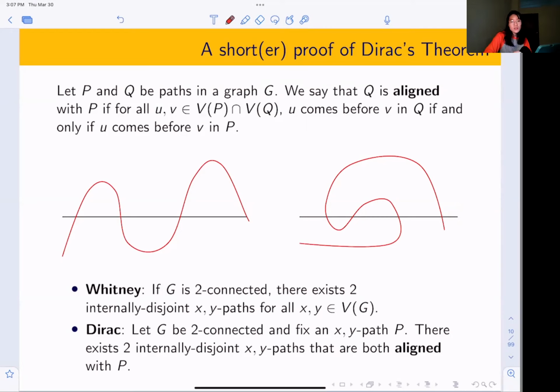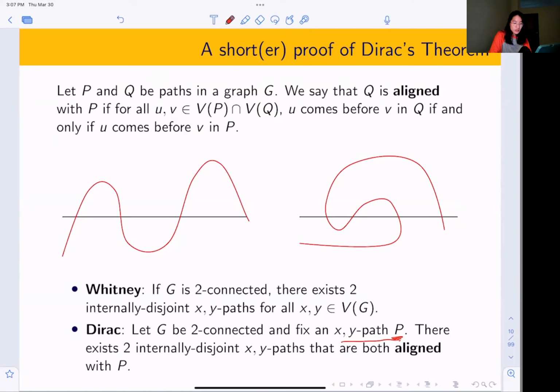So Dirac proved a strengthening of this with almost the same proof. So again, we have a 2-connected graph, but now we fix some path P. So the enemy chooses the path P, and then his result says that there exist 2 internally disjoint x-y paths, which are both aligned with the path P that we're given.